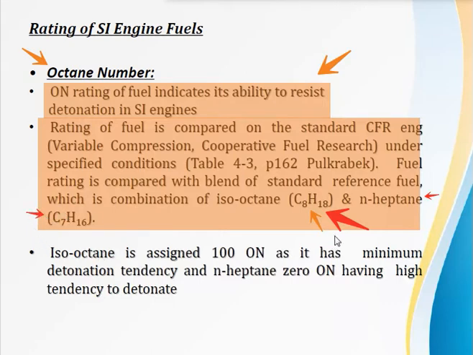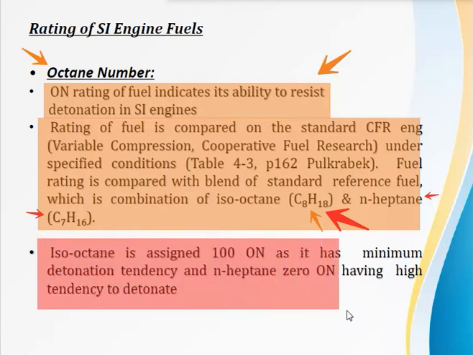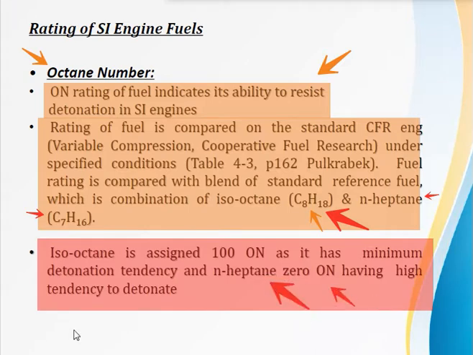Now in detail, isooctane, C8H18, is assigned 100 octane number as it has minimum detonation tendency, whereas N-heptane has 0 octane number and has a high tendency to detonate.